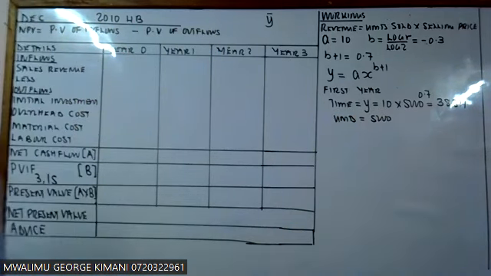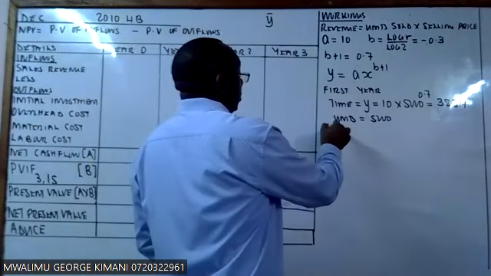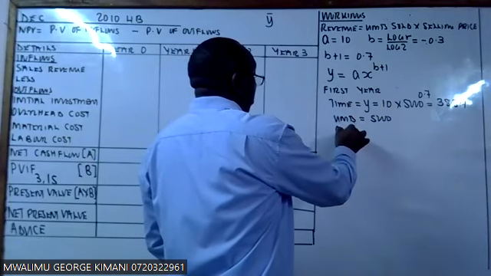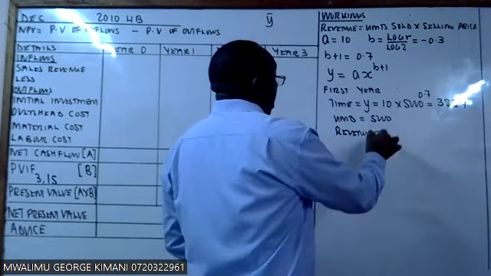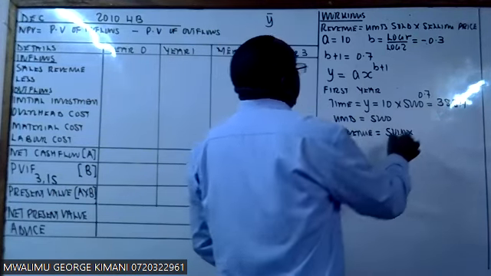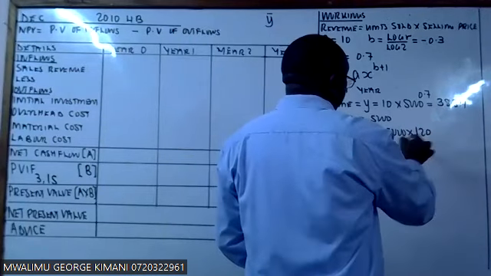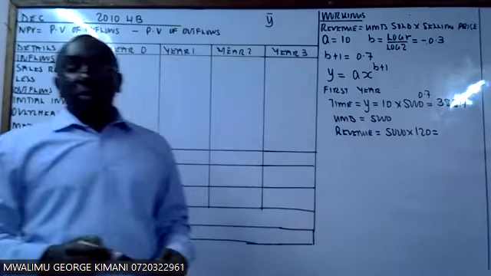So for the first year, we can be able to get revenue as 5,000 multiplied by the selling price of 120, because we know the units made.